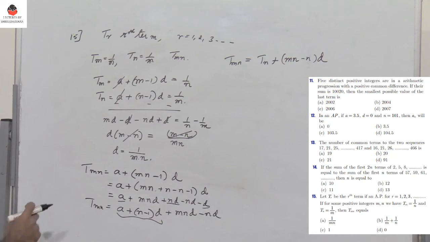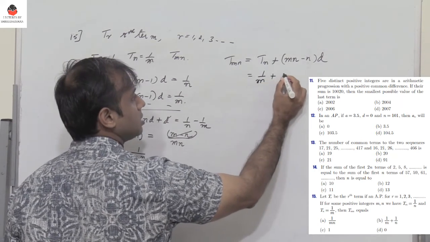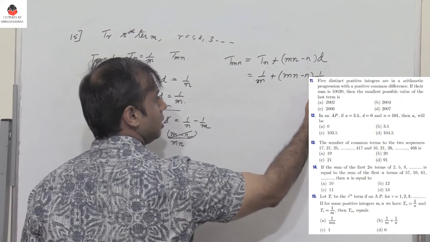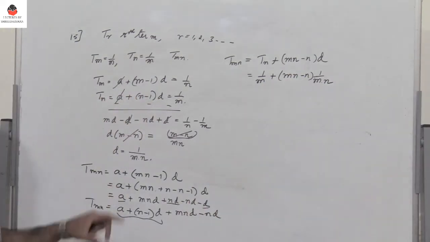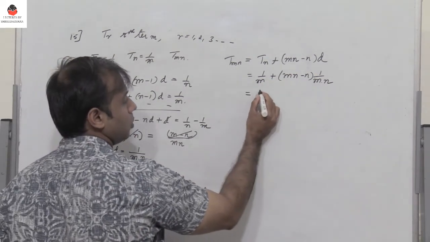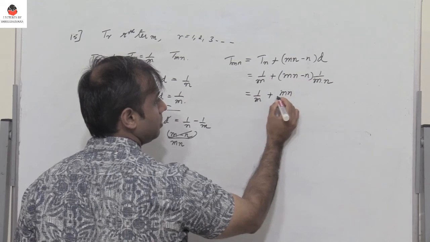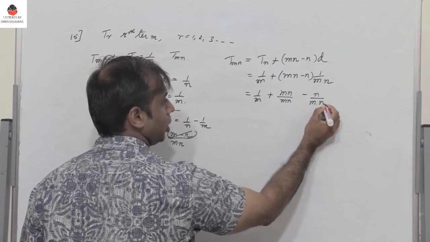Now what is Tn? Tn is 1 by m. So this is going to be 1 by m plus (mn minus n) into d, and d is 1 by m into n. That is what we have got here. So you have 1 by m plus, let me remove the brackets, (mn minus n) divided by m into n, right?